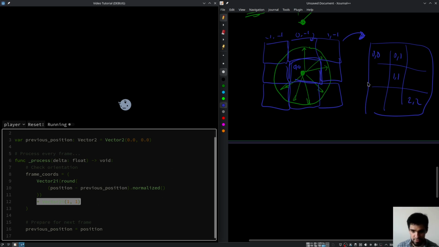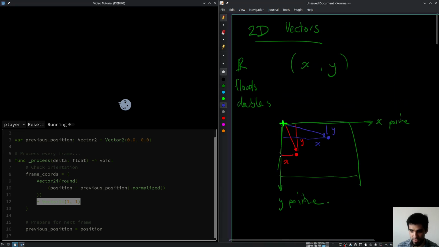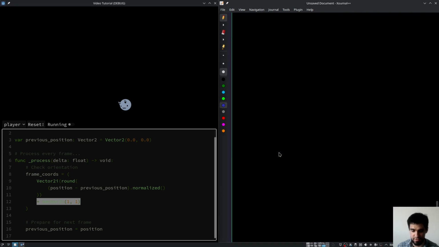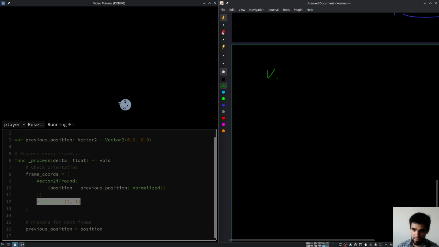Okay, so we've just seen a couple of different uses for normalizing vectors. Normalizing vectors is something you will want to do quite often. If you have a vector v, you can think about it as a direction and a length.